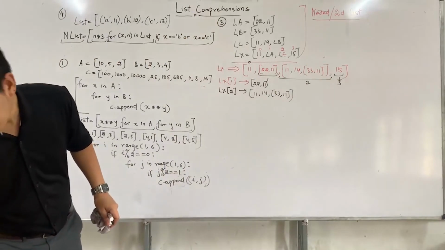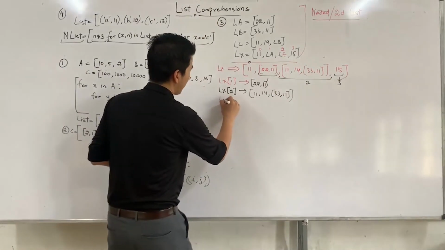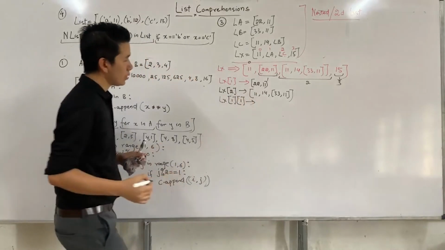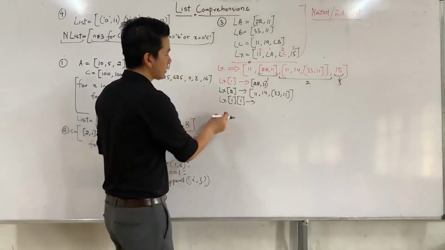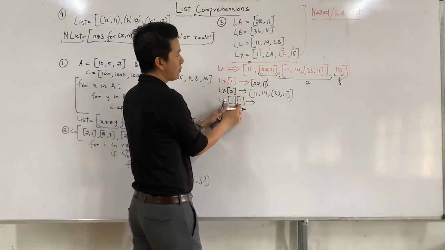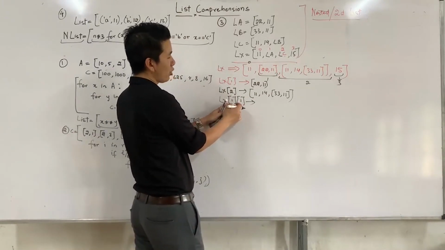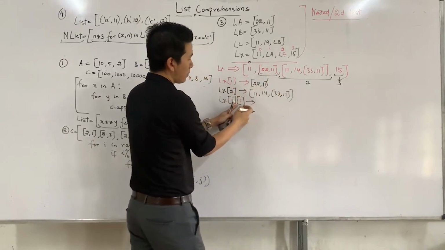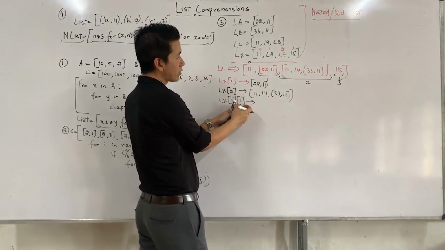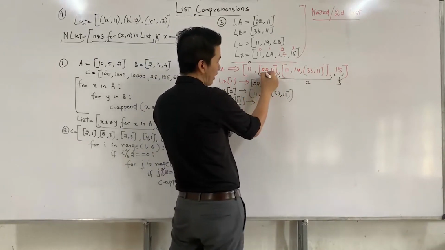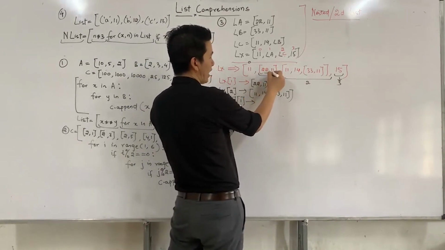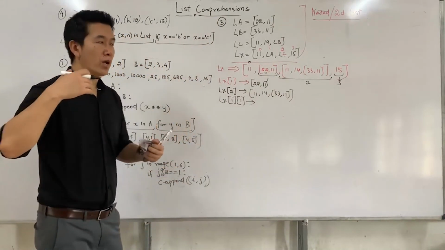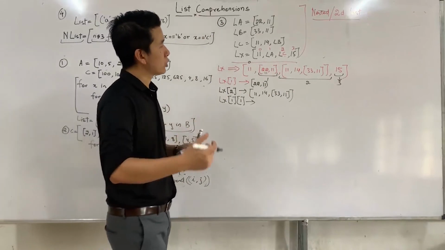Likewise, if I have something like LX of 1 and 1, I need to first refer to the first element of LX. The first element of LX is this. From this, pick up the element with index 1. So 22 will have the index of 0 and 11 will have the index of 1. This is how you refer to the nested list or 2D list.